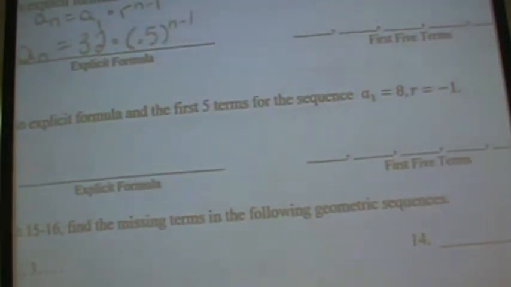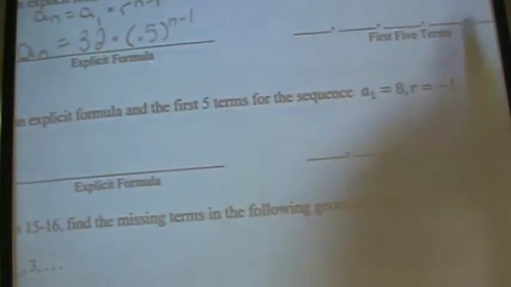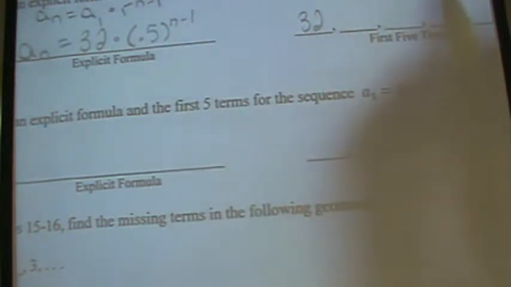Now we need to find the first 5 terms. That means we need to find a1, a2, a3, a4, and a5. We can either use the explicit formula or we can just use the pattern. We're automatically given a1. a1 is 32. In a geometric sequence, remember, to get from one term to the next, from our first term to our second term, we're multiplying by our r value.